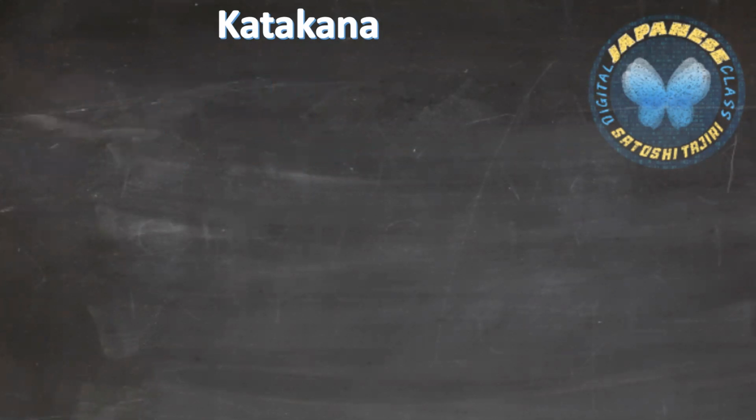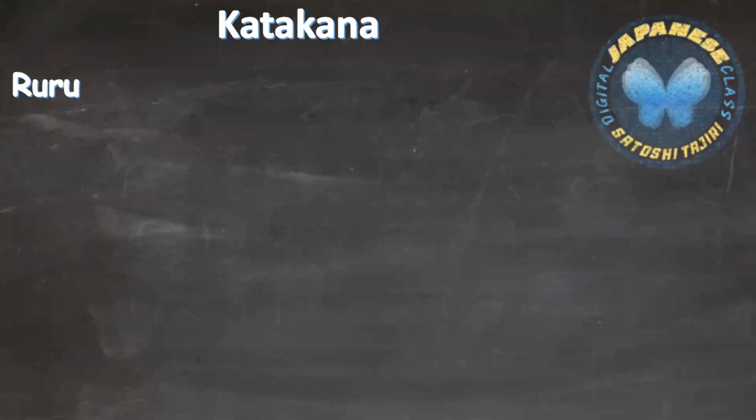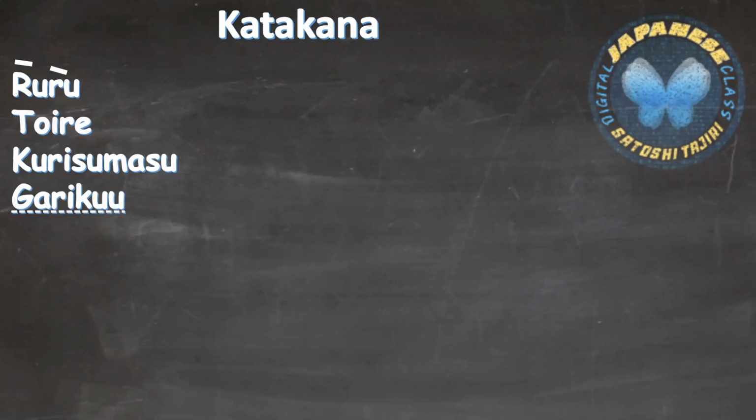So for example, let's have our word ruuru. Ruuru, it means rule. But this one there'll be a long sound. Rule or like policy. Then we have our toire, toilet, bathroom. Kurisumasu, it means Christmas. And we have our gariku.